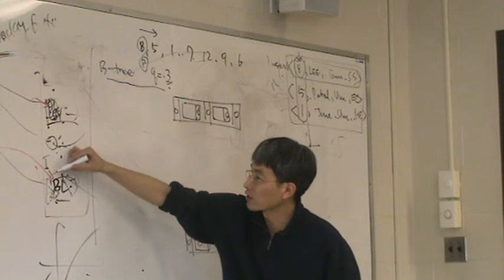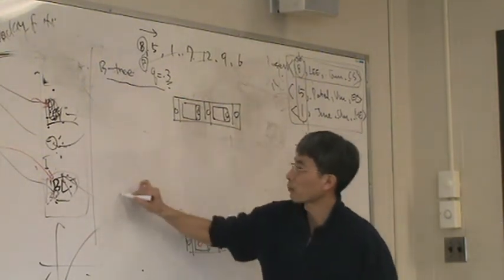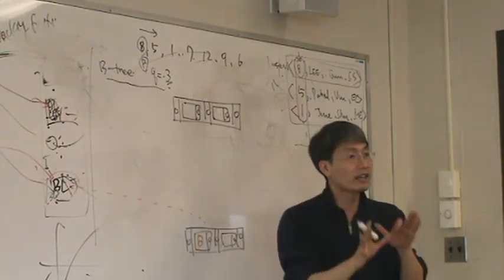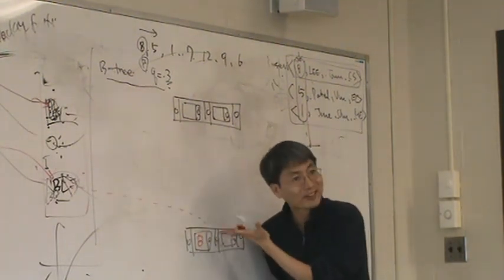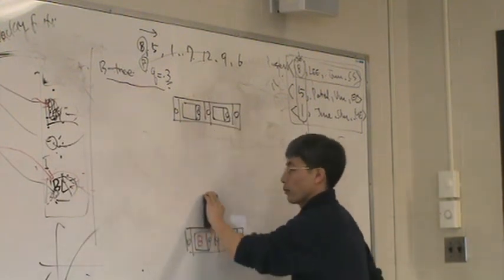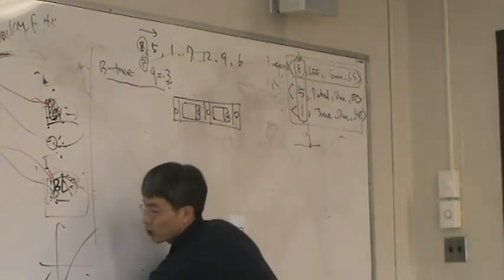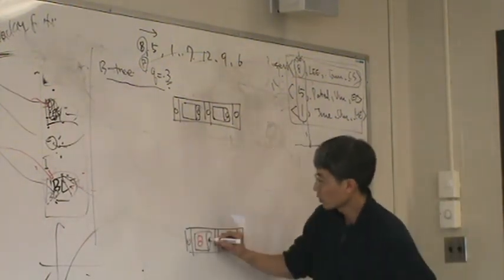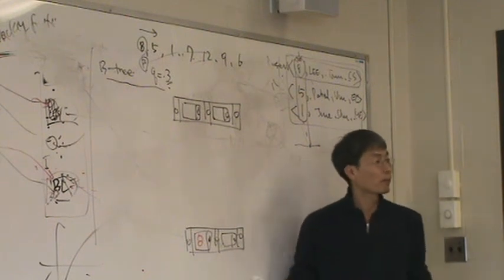For example, this is block number 5, so we can point to this one. But I ignore that in this example. It's too complicated to understand if I point to the data pointer. So the data pointer will be eliminated here, but I will use a solid circle to represent that there is a data pointer.